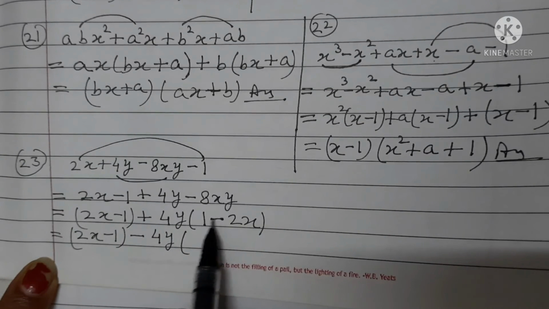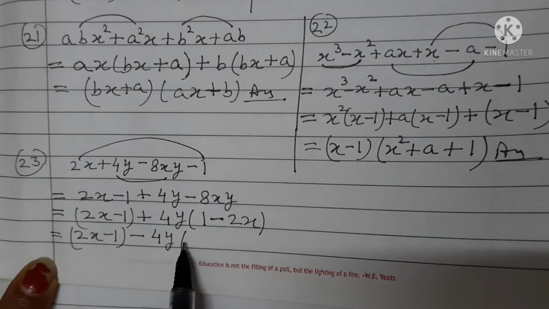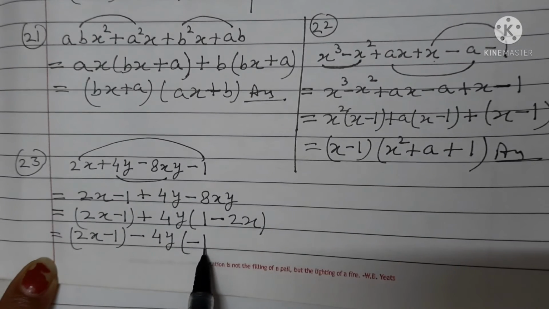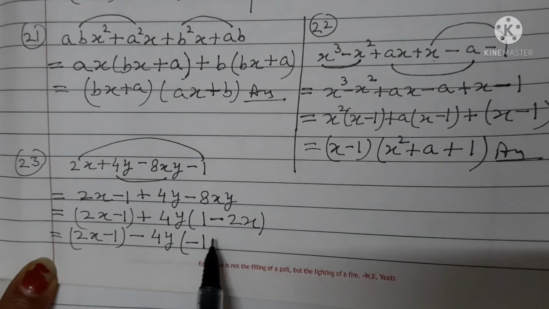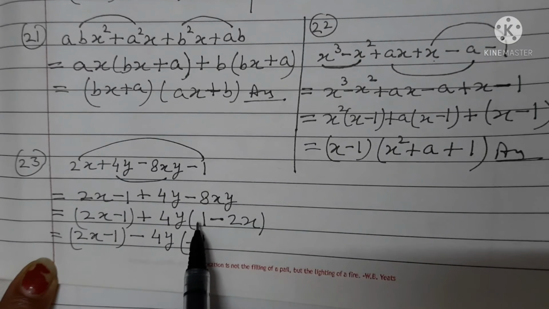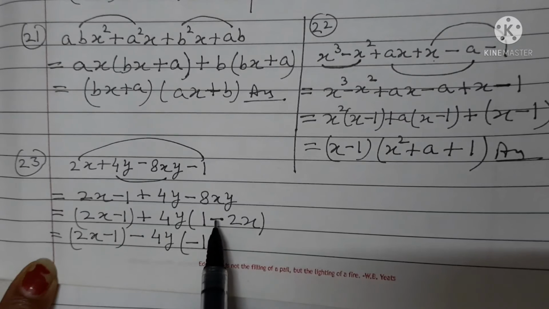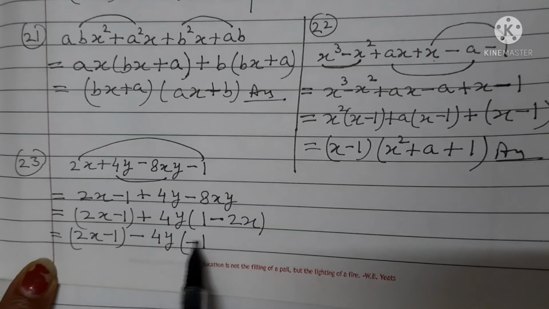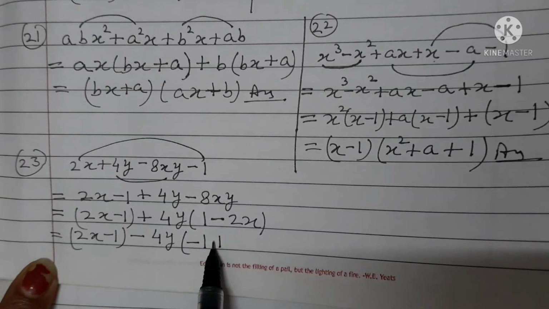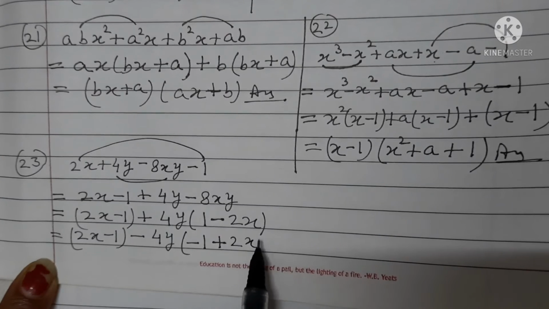When you take the minus sign common, the sign inside the bracket changes, so here minus minus becomes plus, and you can write plus 2x.